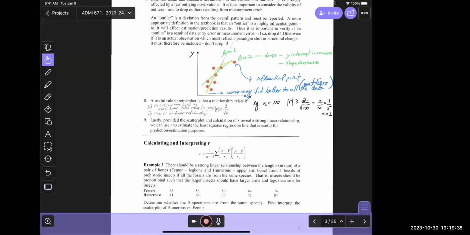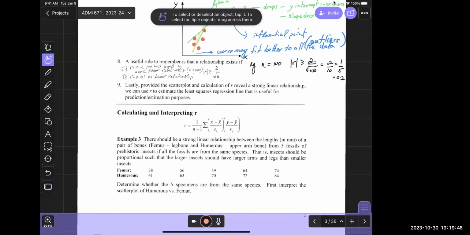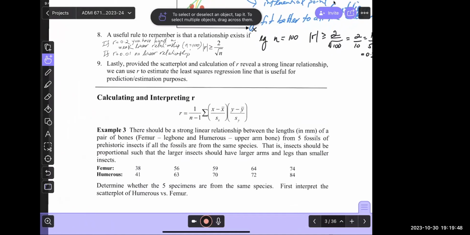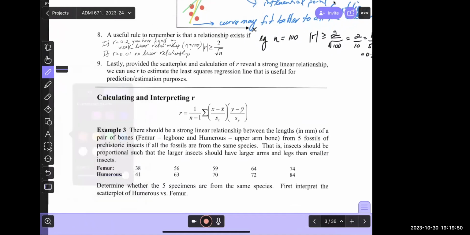This is not economic data, but let's say we were interested in this data set below, with X and Y. We're going to see if these fossils are from the same species.